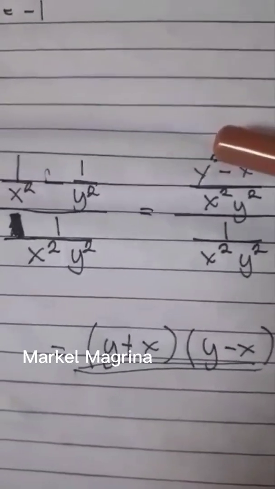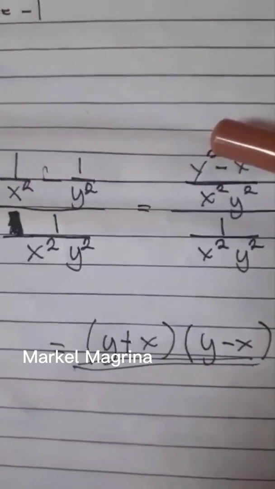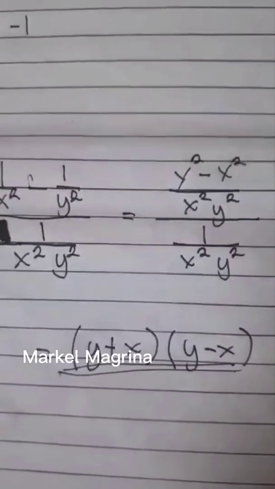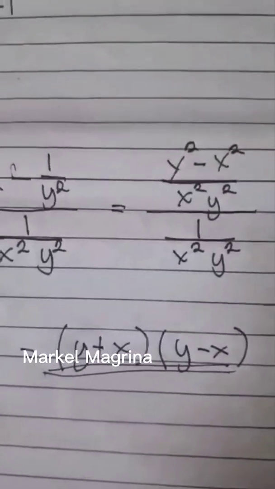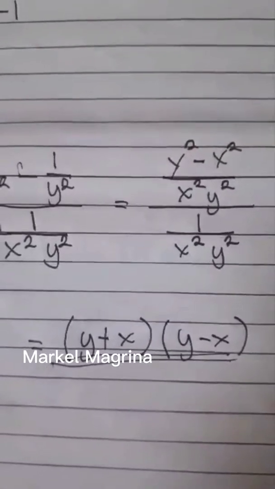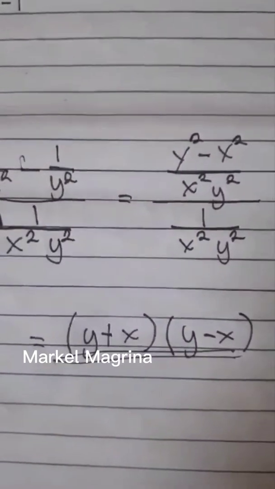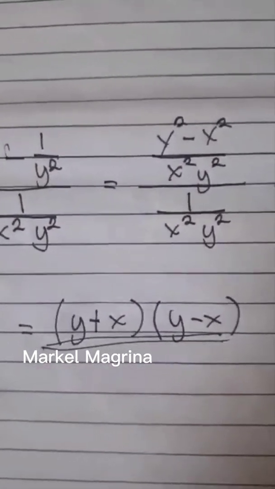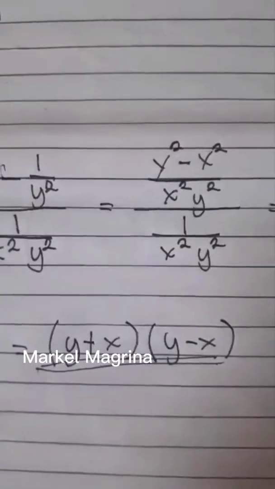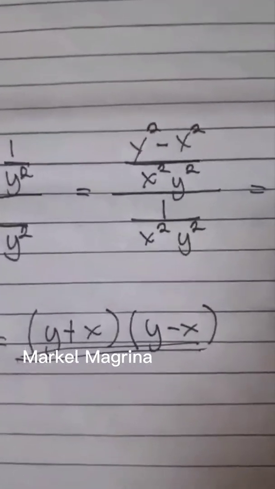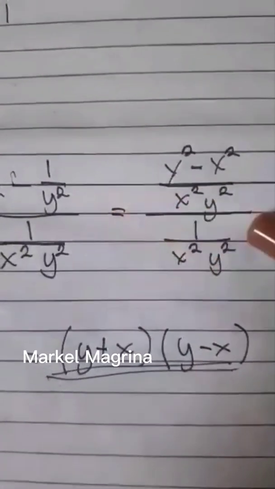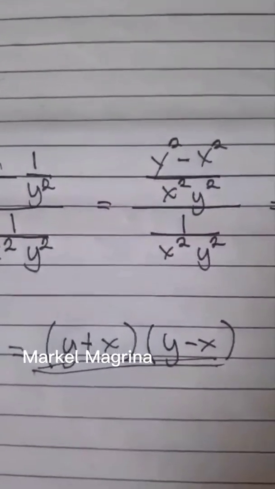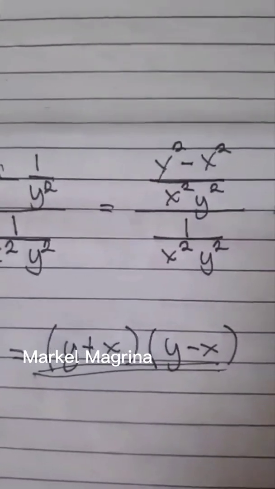That is the first term of the numerator. So, minus x to the power of 2, since x to the power of 2, y to the power of 2 divided by y to the power of 2 is equal to x to the power of 2 divided by 1, which is x to the power of 2. Then over 1 over x to the power of 2, y to the power of 2.